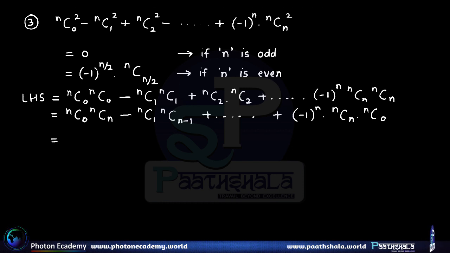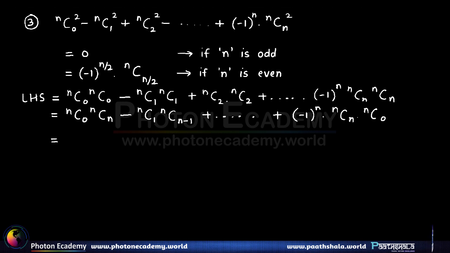Right. Now here we can see that both of the series are having n as the index, but since the alternate terms are positive and negative, that means one of the series can be considered as having all the positive terms, whereas the second series is having alternately positive and negative terms.